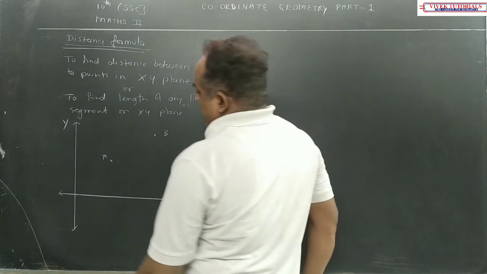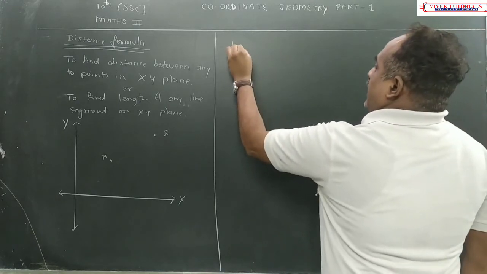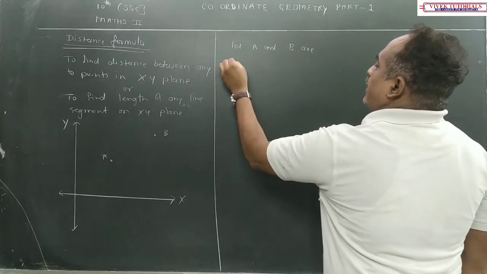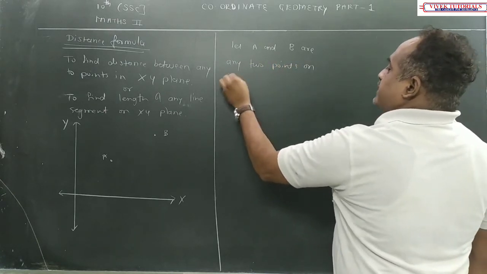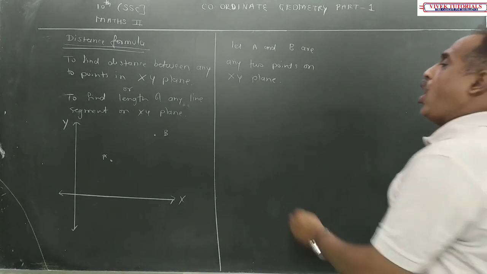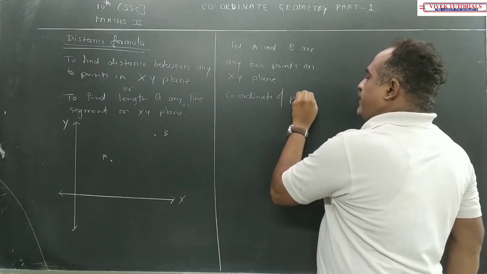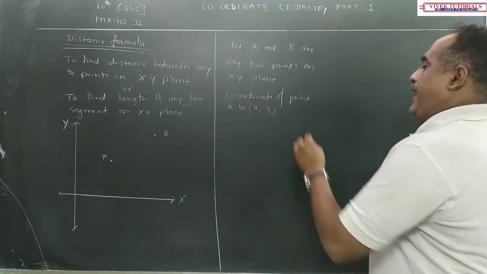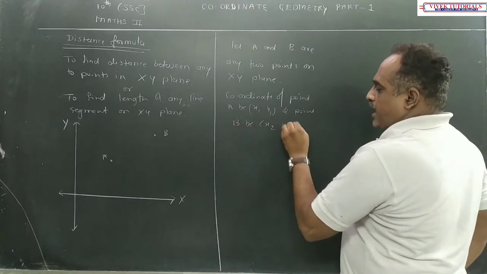Now, how I'm going to do it, just see. Let A and B be any 2 points on the XY plane, and the coordinates of point A are x1, y1, and point B, x2, y2.